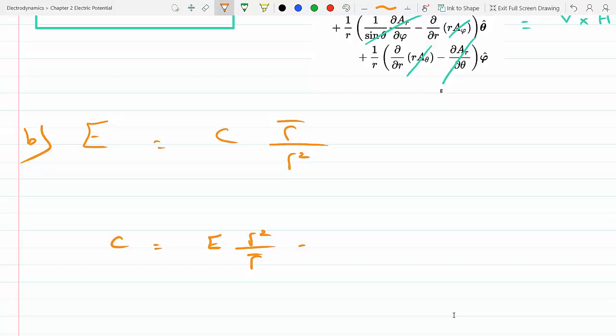Well, we know that the electric field is force per charge, so newtons over coulombs, and r squared is in meters squared, and r hat is dimensionless. So C has to be in newtons.